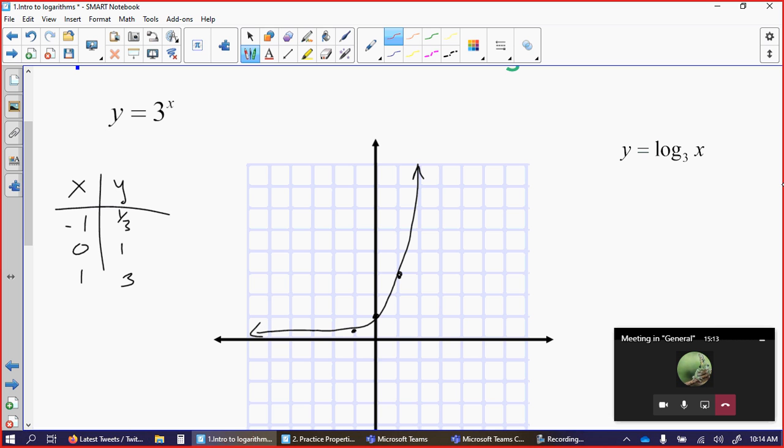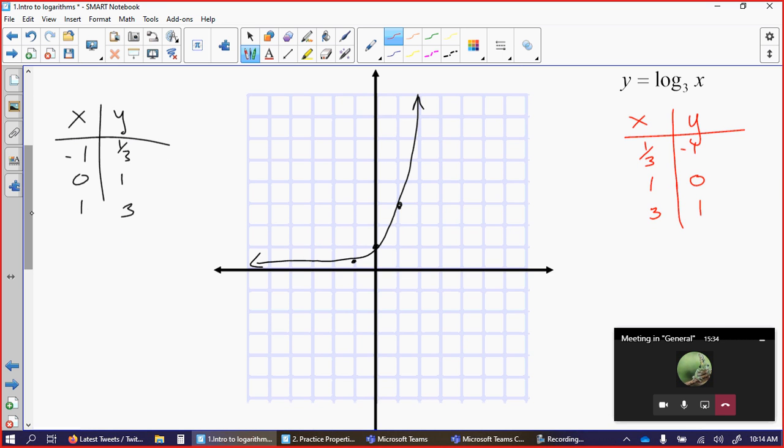We've done that. That's all perfect and fine because the log base 3 of x is the inverse of this. So 1/3 and -1 becomes -1 and 1/3, 1 and 0, 3 and 1, 9 and 2, and 1/9 and -2.